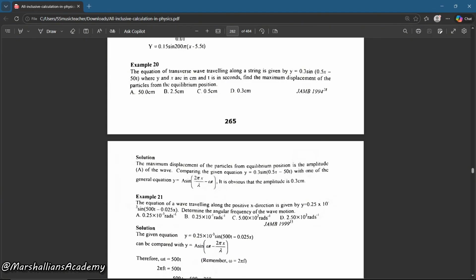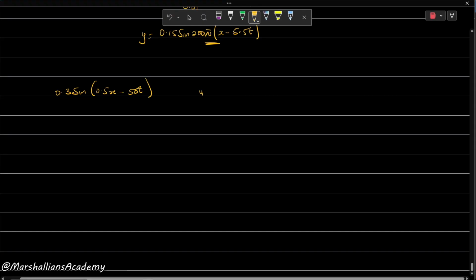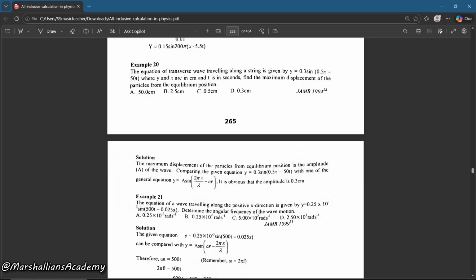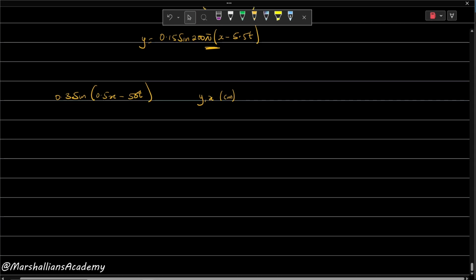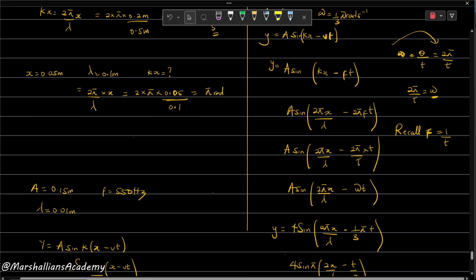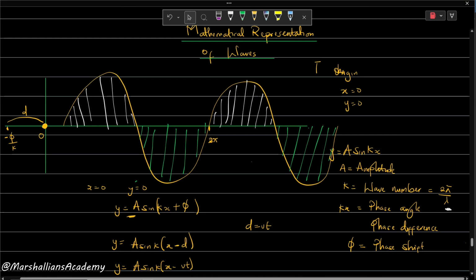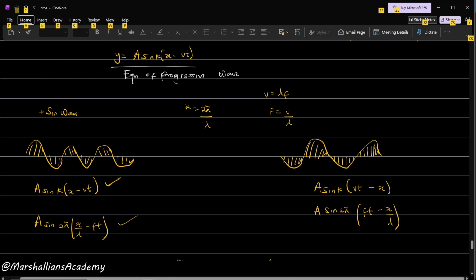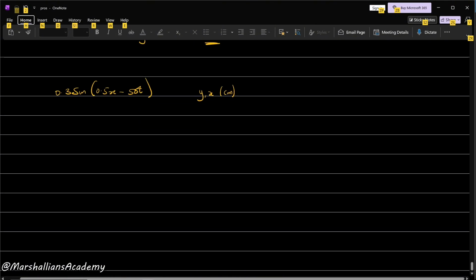It said y and x are in centimeters. And what else was given? It said find the maximum displacement of particles. The maximum displacement of particles from the equilibrium point is the distance between here and the equilibrium, which is the same thing as the amplitude. So they are basically telling us to look for the amplitude.